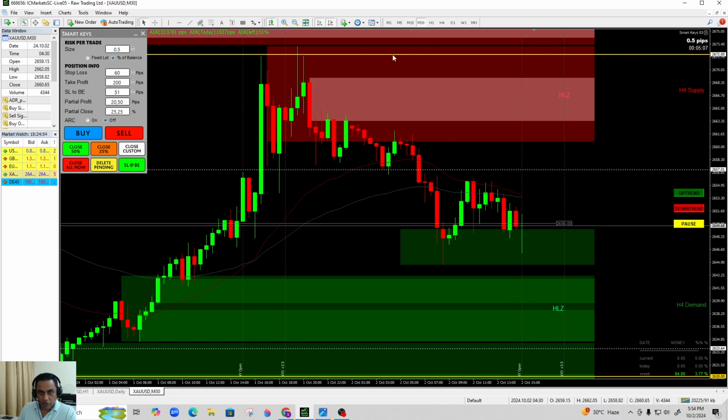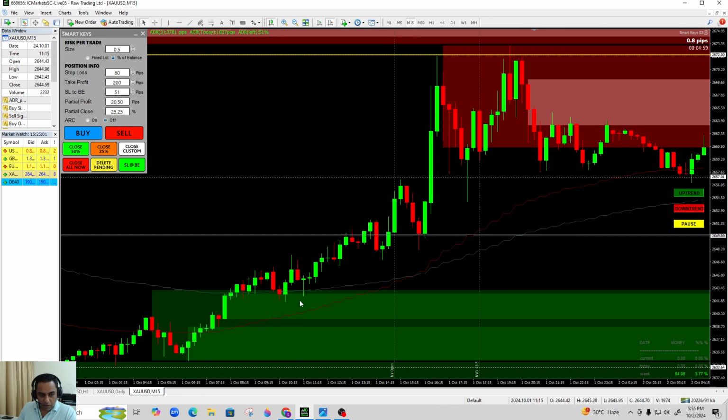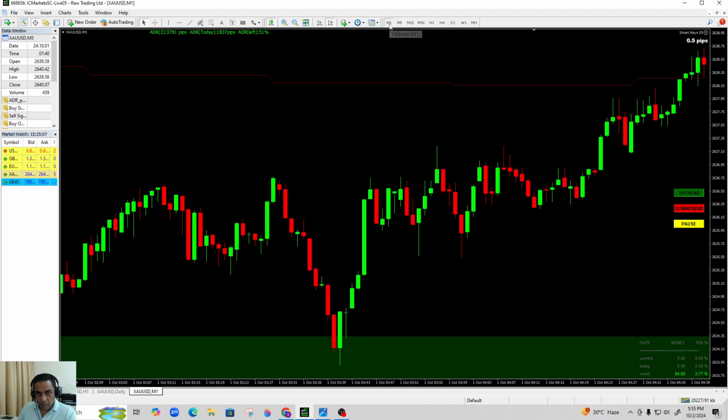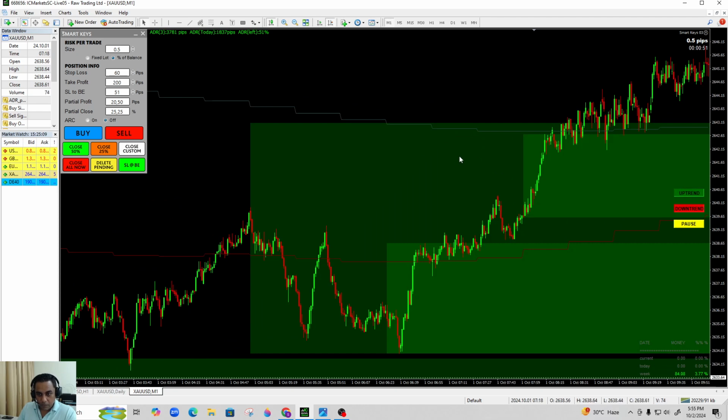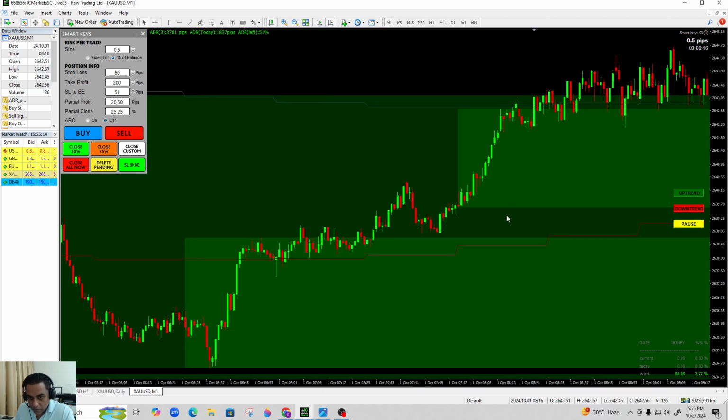Price is very close to this, so I'm going to look at this M15 candle that we marked. I'm going to look at it and see if there is 40.66.